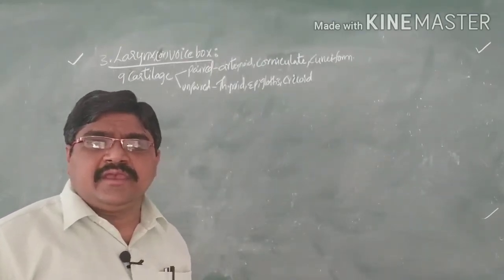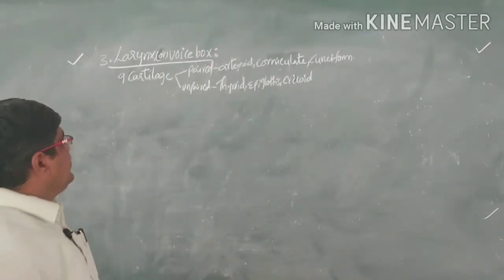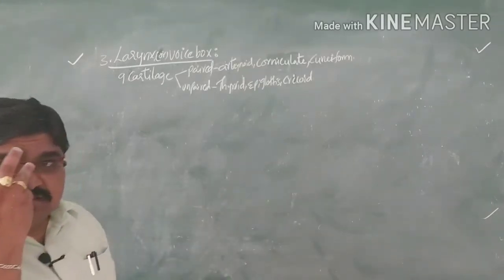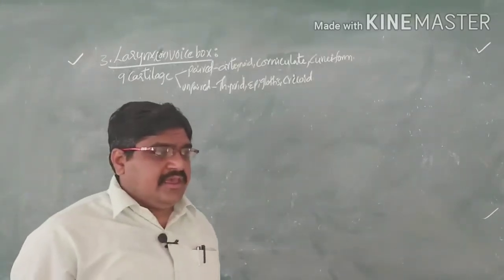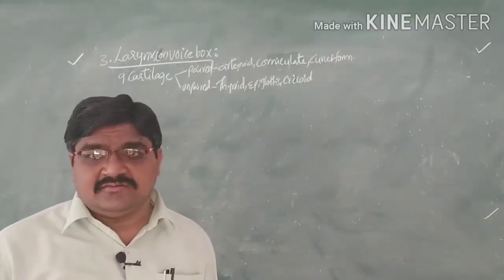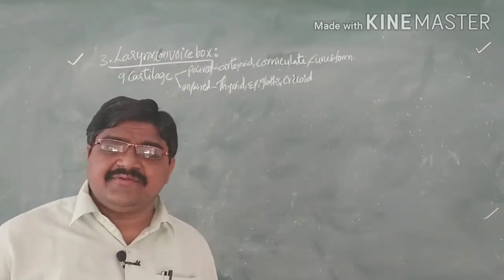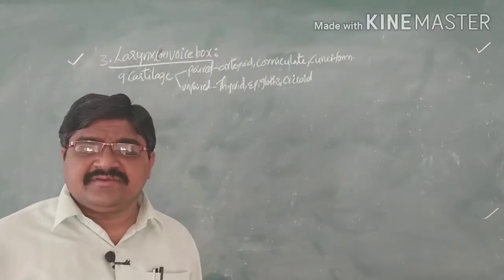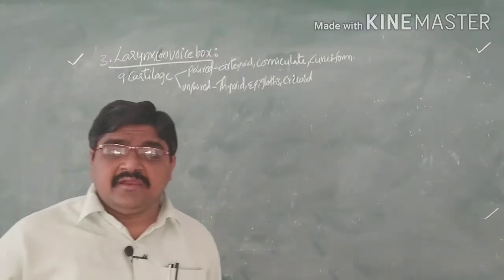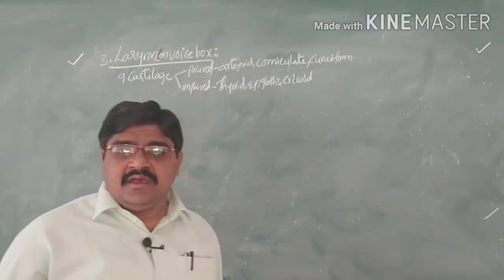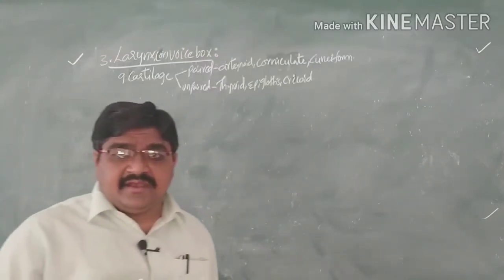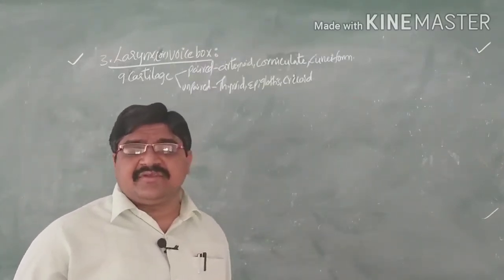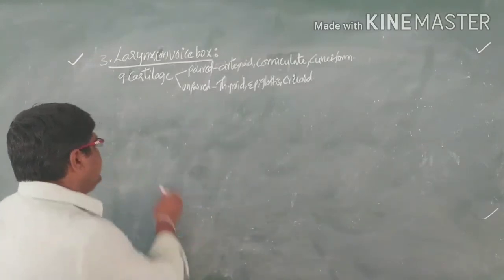Now coming to the third one, that is the larynx, or otherwise called the voice box. It is located after the pharynx, and it is 5 centimeters in length.